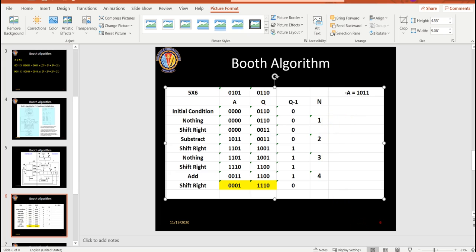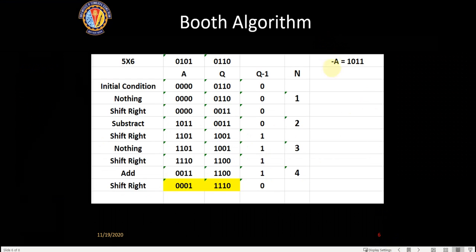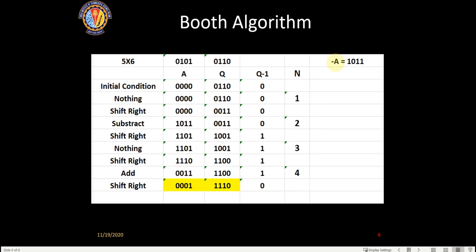I did it in an Excel sheet and pasted here, so I'll change that. Okay, this is M. So you are doing an A minus M or an A plus M. So this is going to be M and this is going to be minus M, okay, remember.